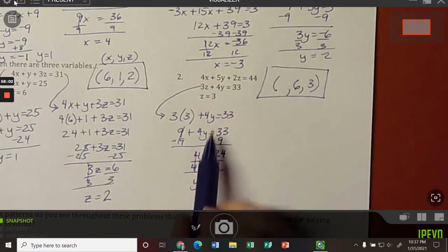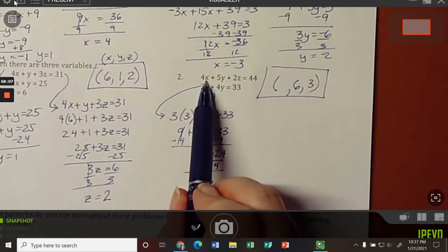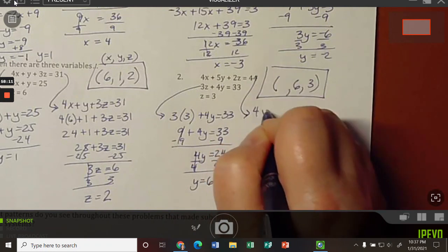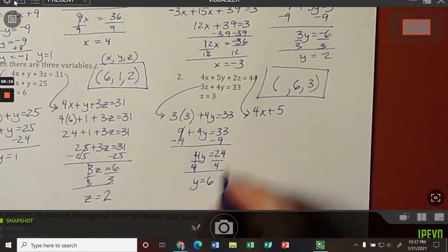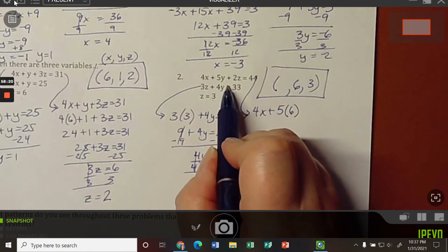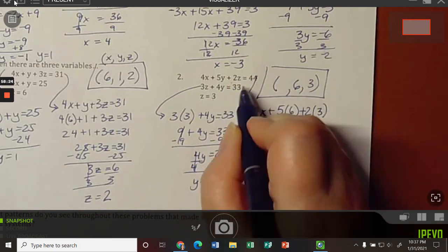Now I need to solve for x. This is my only equation that has the x variable, so I'm going to write that here. 4x plus 5 times y, I know y is 6, so plus 5 times 6, plus 2 times z, so plus 2 times 3, equals 44.